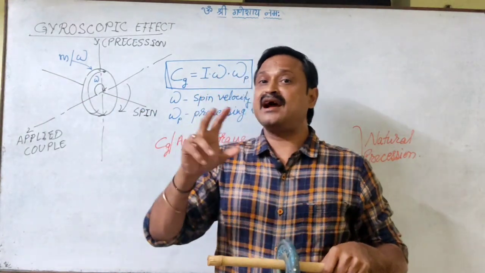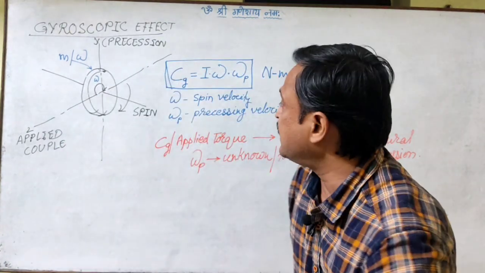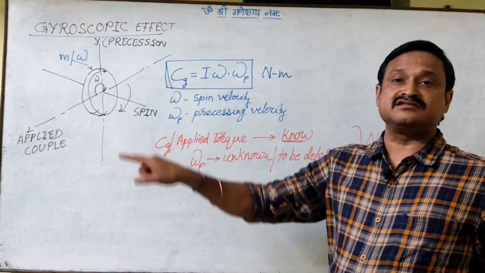So I am turning this, or this entire system turns, with some omega p. That means omega p is known and I am determining the couple.